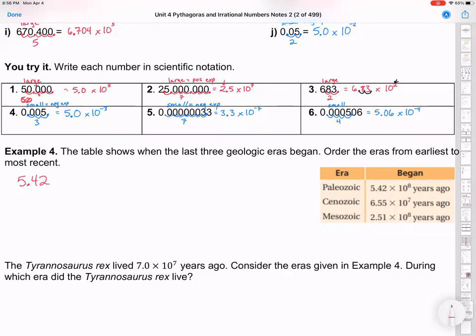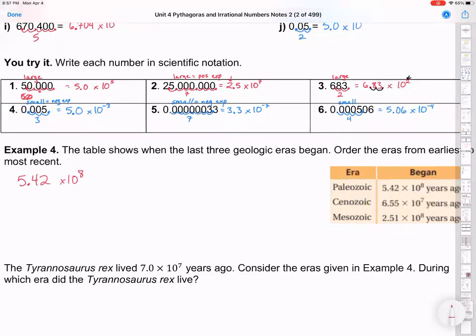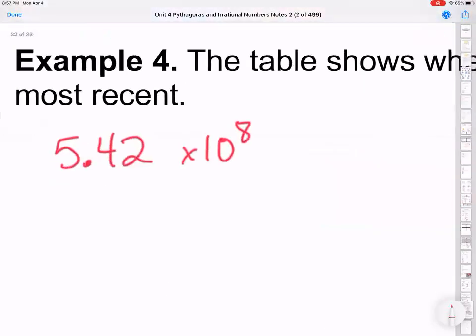So for this one, we have times 10 raised to the 8th power. We would then move this decimal over 8 times to the right because it's a positive 8. So 1, 2, 3, 4, 5, 6, 7, 8.